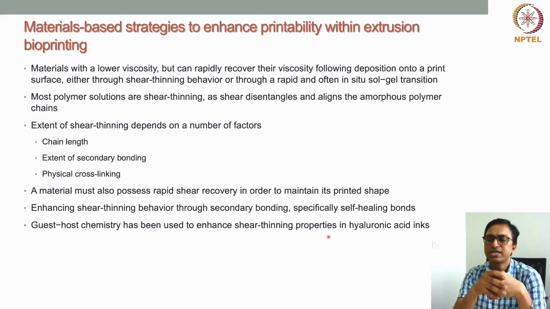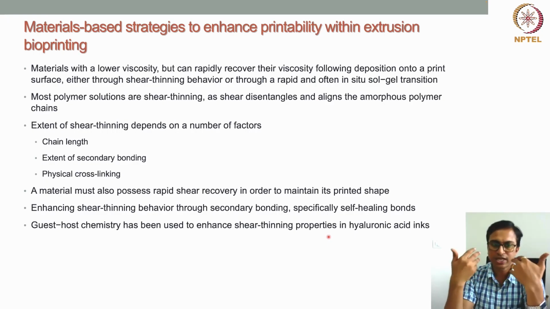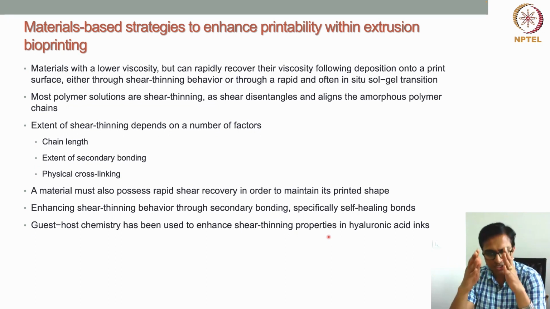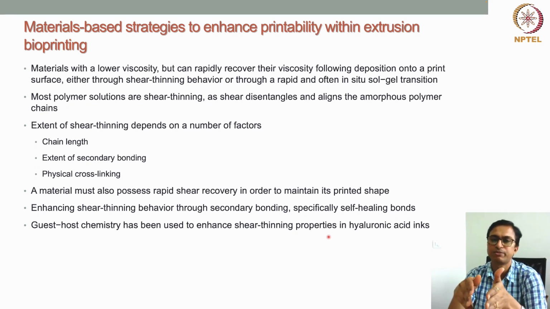Shear thinning behavior is another thing we have discussed, where the material, when it is coming out of the nozzle, is under a high shear rate. Because of the high shear rate, the viscosity comes down, so it facilitates the extrusion of the material through the nozzle. But as soon as the material comes out of the nozzle, there is no shear force, and the material viscosity again goes up.